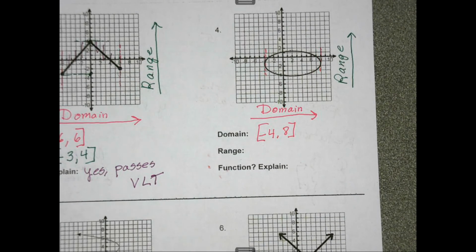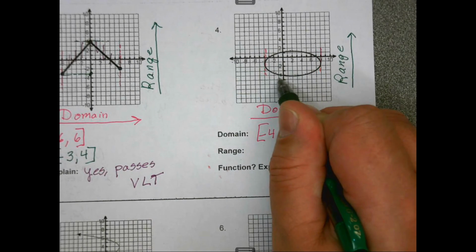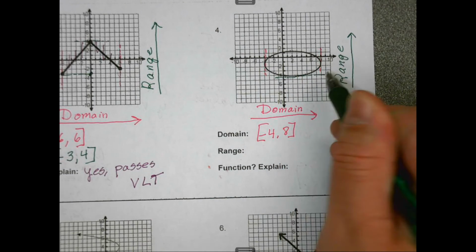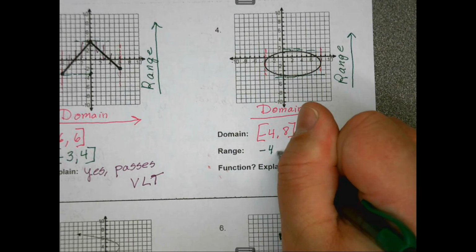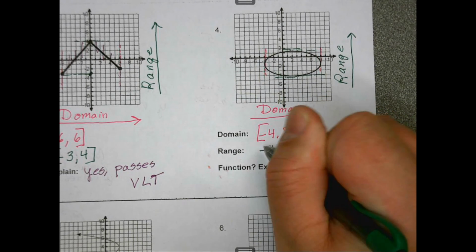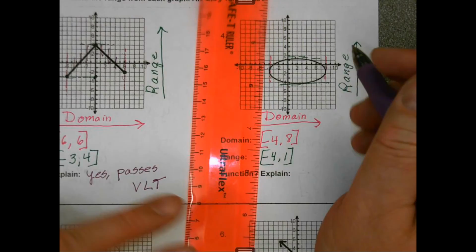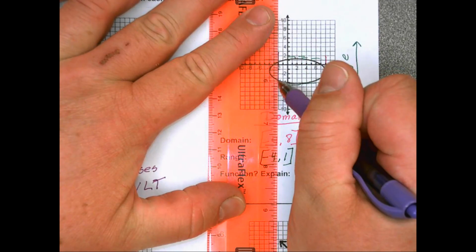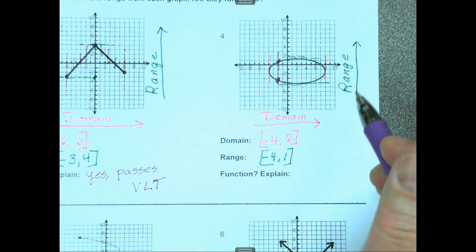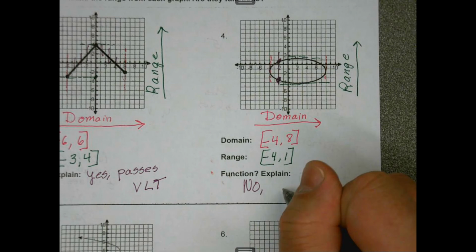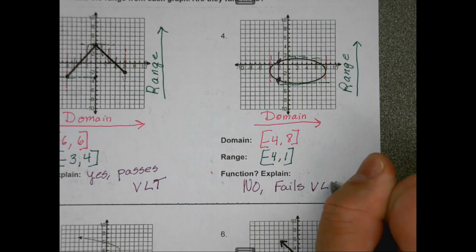For the range, I know it kind of dips below -4, but we're going to keep it whole numbers here: -4 and +1. The graph's a little off, that's all. Vertical line test: you notice it fails immediately because it intersects at 2 points. No, it fails the vertical line test.